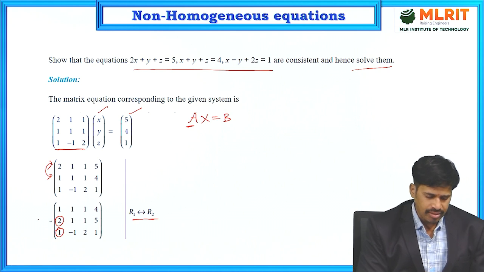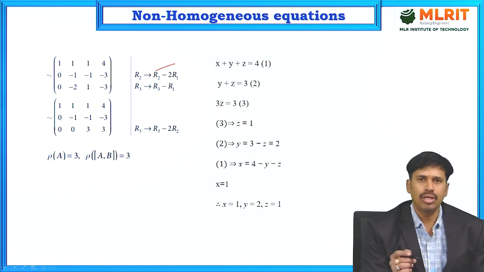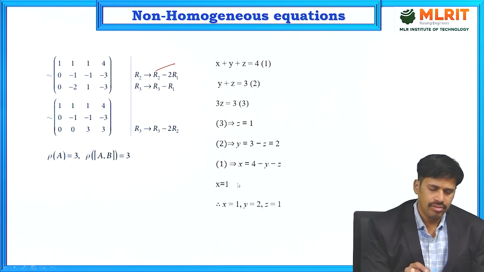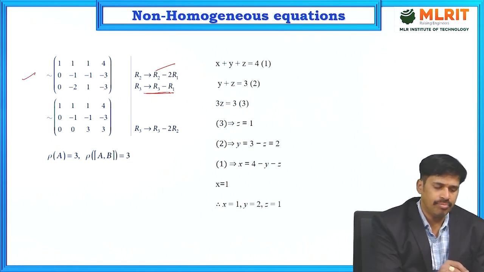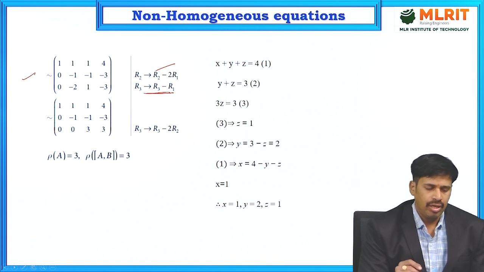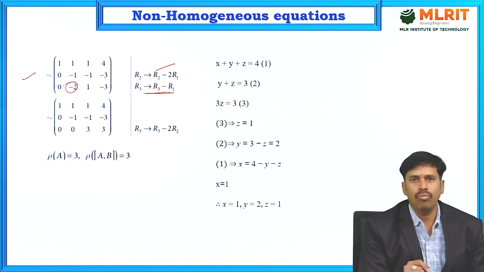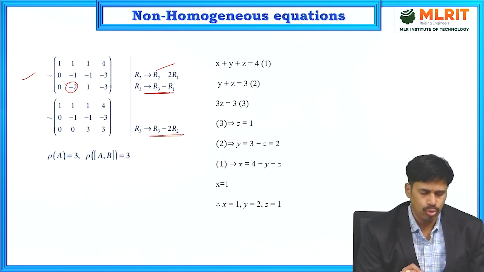To make this element 0, the operation is R2 tends to R2 minus 2R1. And to make this element 0, the operation is R3 tends to R3 minus R1. So we got this matrix. Now we have to make this element 0 to make it into echelon form. For that I am using the operation R3 tends to R3 minus 2R2.